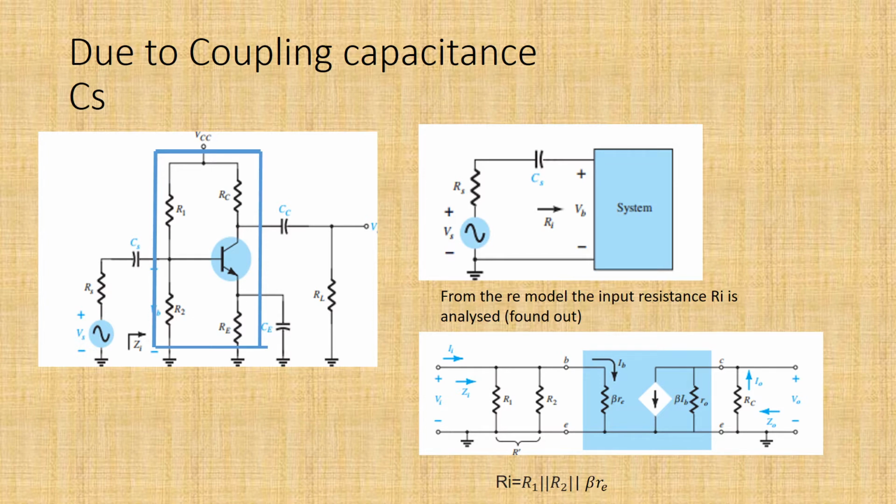Here in this particular system, we'll study the effect of coupling capacitance CC on the cutoff frequency as well as the gain of the system. So this is your system, which is a voltage divider CE amplifier, and here it is represented in a block diagram form.